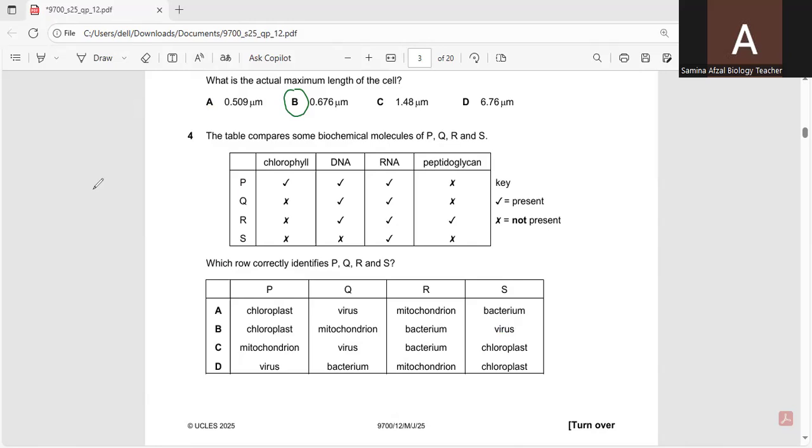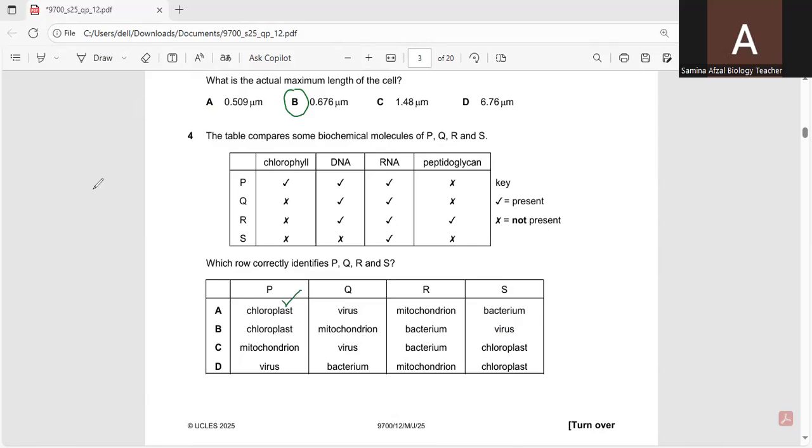First, chlorophyll is present in chloroplast. Secondly, DNA and RNA are also present in chloroplast.